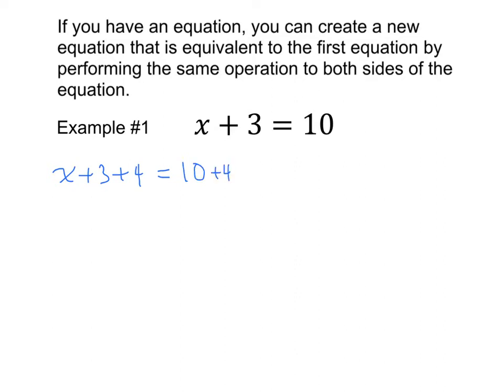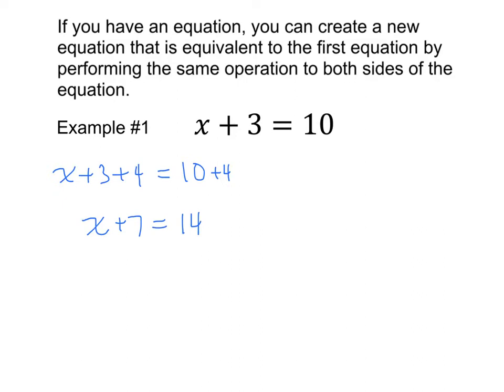So what do we have now? We have the equation x plus 7 equals 14. All I did was add 4 to this side, and then add 4 to the right side. And so my new equation is x plus 7 equals 14.